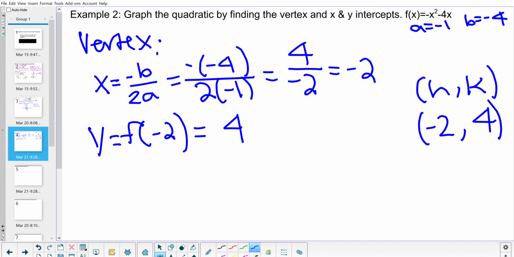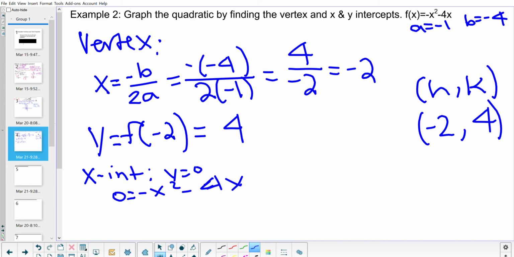So then x-intercept means y equals 0. So y is f of x, so we're going to have 0 equals negative x squared minus 4x. So we get to practice our solving skills. To solve this one, we're just going to factor it, and we're going to factor out a negative x.